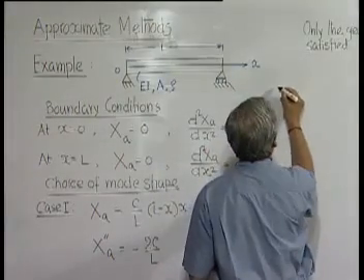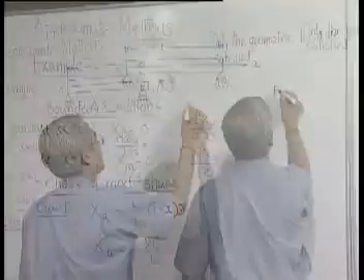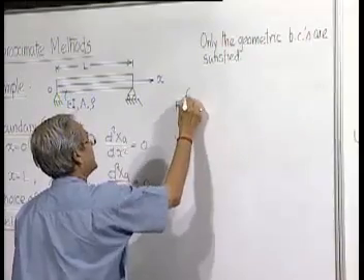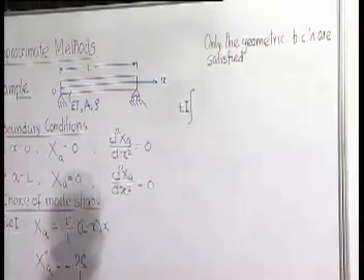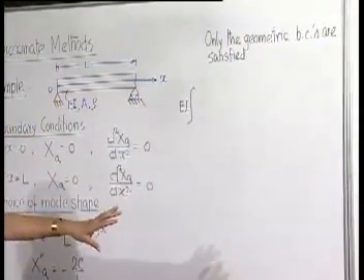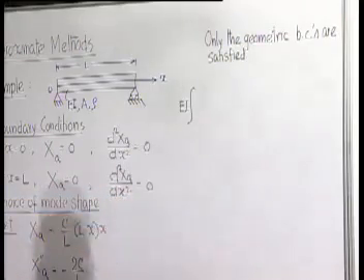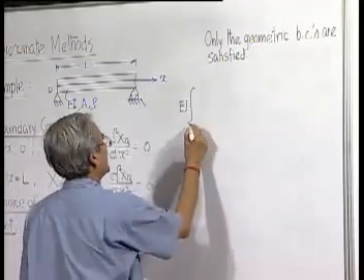EI is constant, but in reality, if it is a function of x, we can keep it inside.